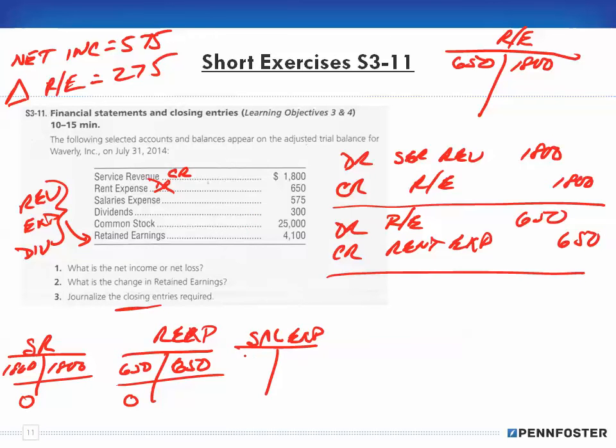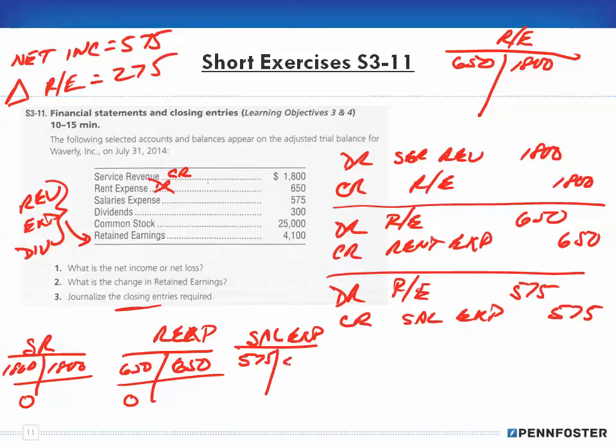Okay, and that's a debit of 575. So this is kind of the exact same thing as rent expense. I want that to be 0, so I'm going to credit it for 575. Debits have to equal credits, so I debit something else, and that's going to be retained earnings for 575. Okay, so when I post them to the accounts, I post a credit here. So that makes the balance in the salaries expense account 0 and puts the 575 into the retained earnings account.